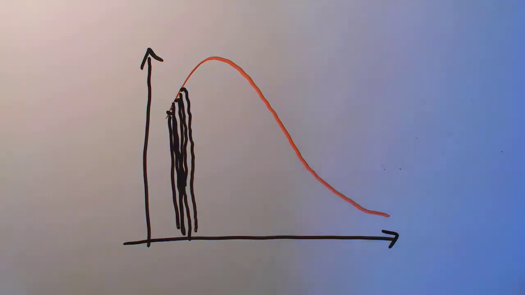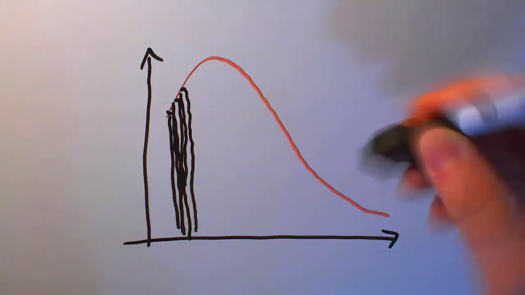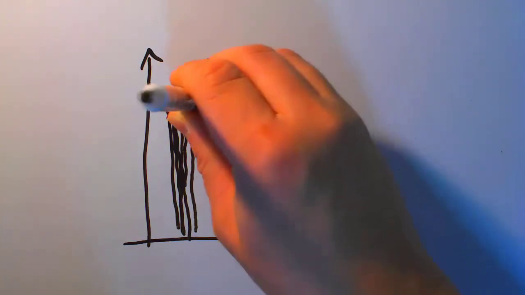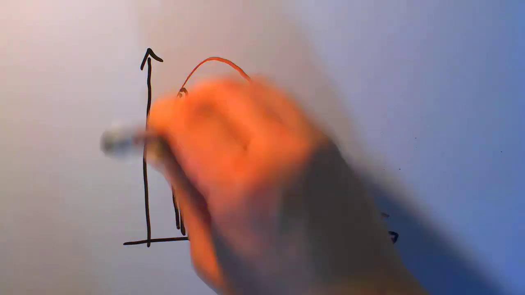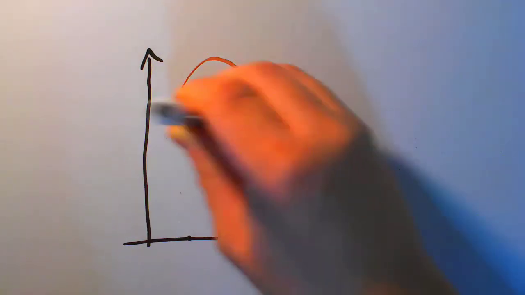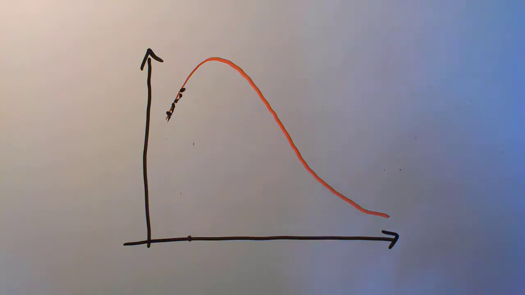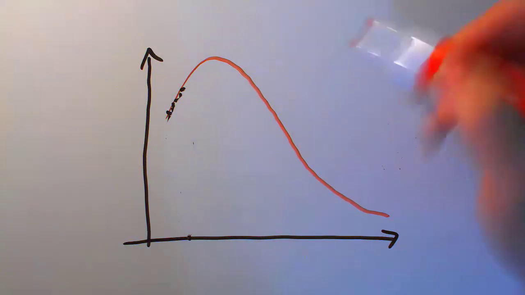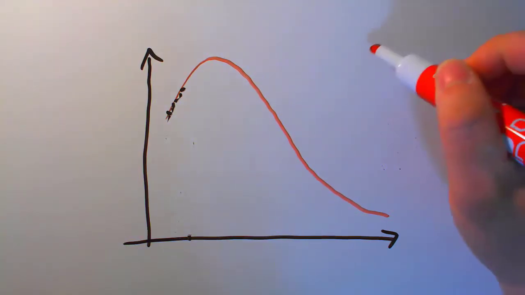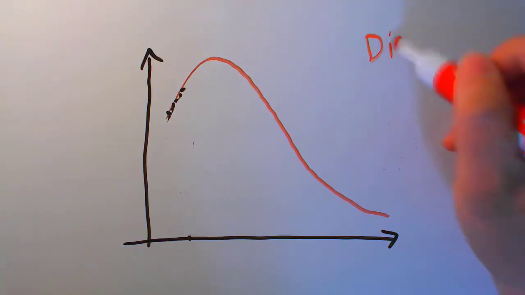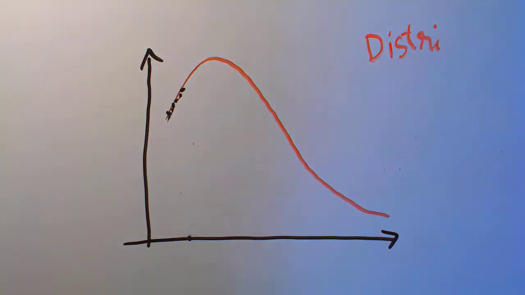So as we look at the overall shape that this red curve creates, it gives us a term we're going to start using a lot later on, but it's an early introduction. The shape here, we refer to that as a distribution.